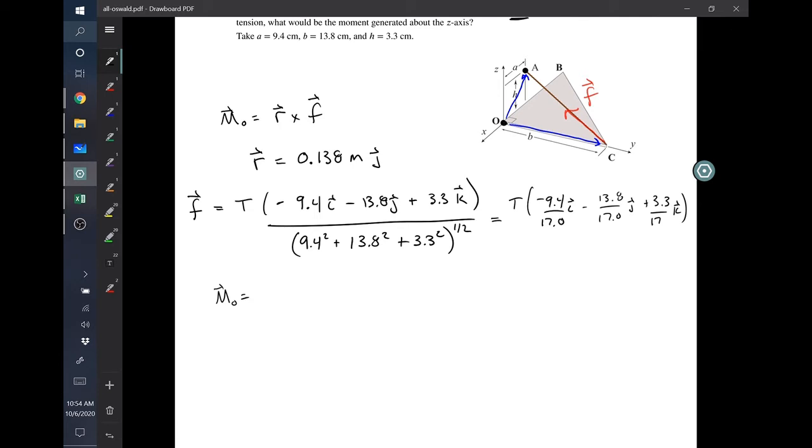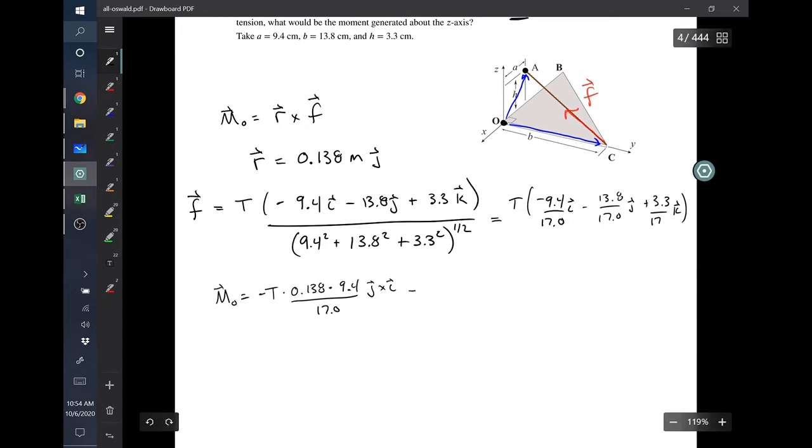So our moment is going to be equal to T multiplied by 0.138 multiplied by 9.4, that's negative, j cross i, that will be k, divided by 17, we don't want to forget that.